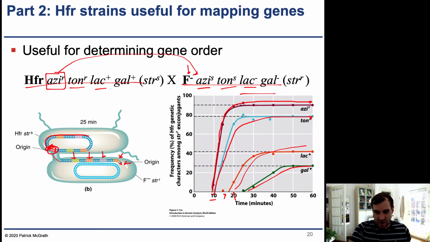So in some of the cells, even if you wait 60 minutes, it happened to have the transfer end at this point. And if the transfer ends at this point right here, then you're not able to exchange the sodium azide gene. When you get to galactose, there's a bunch of random endings in between, even though you've waited 60 minutes. And so you only go up to about 25%.